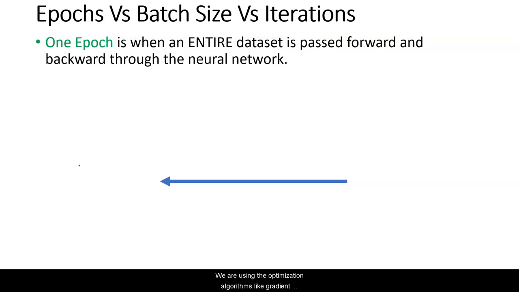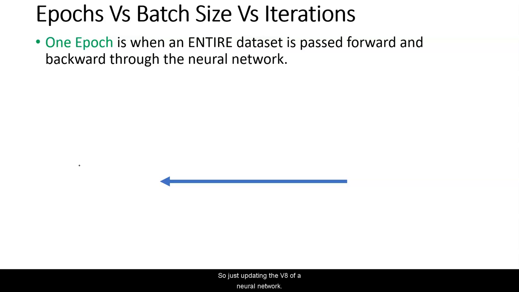And we are using optimization algorithms like gradient descent during the learning or training process of our neural network. And we know these optimization algorithms like gradient descent are iterative in nature.